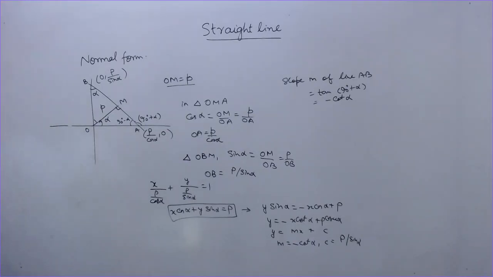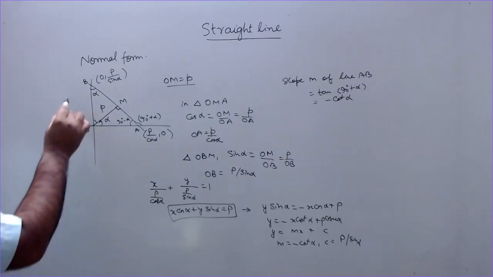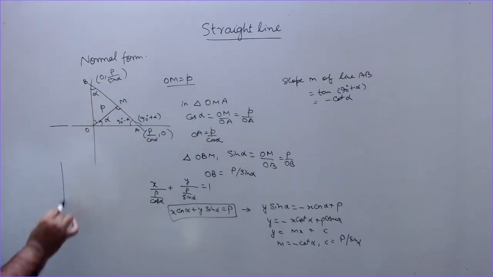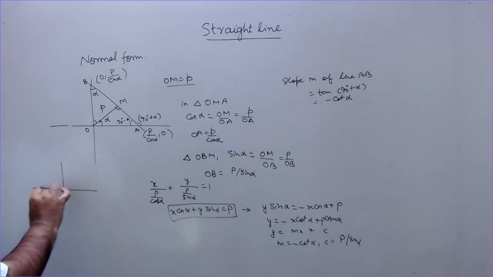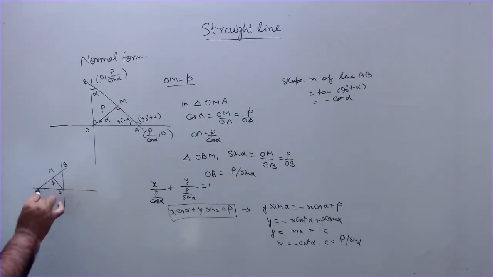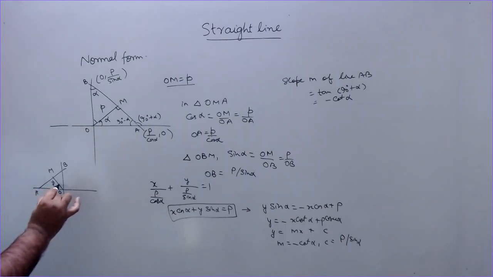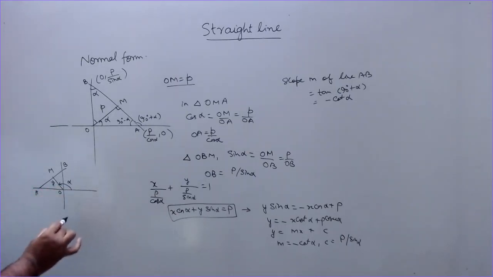Now, it is not necessary that this straight line is always lying in the first quadrant. If the line is lying in the second quadrant like this, this is the normal dropped on it of length p. This point is M, B, A. In this case, alpha we have to take as the angle made by the normal with the positive direction of the x-axis. So this angle will be alpha.